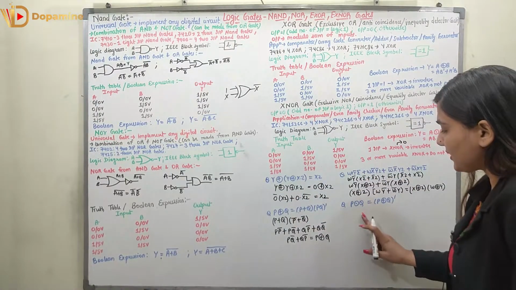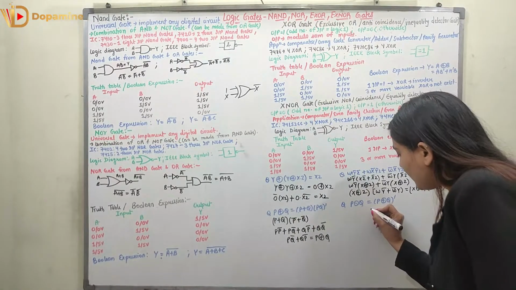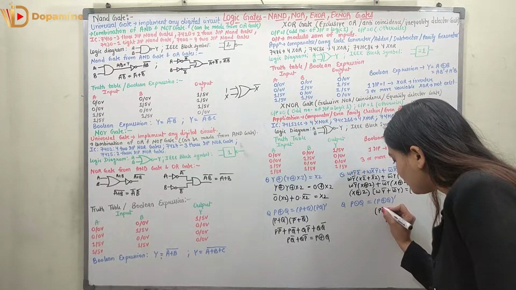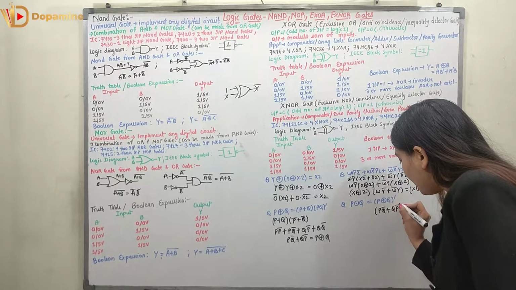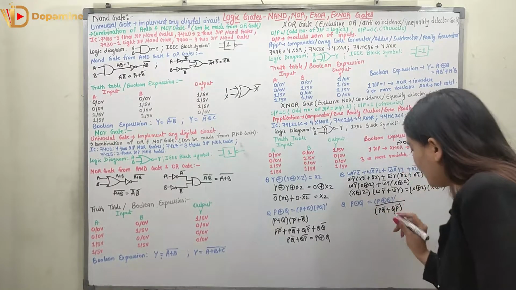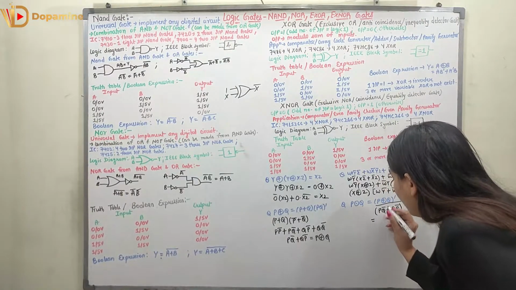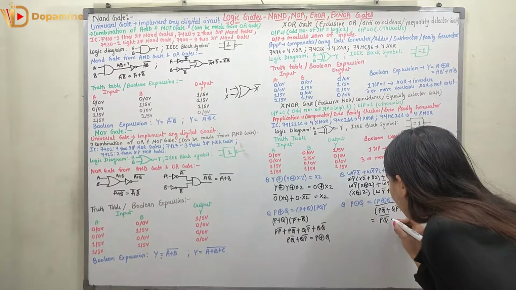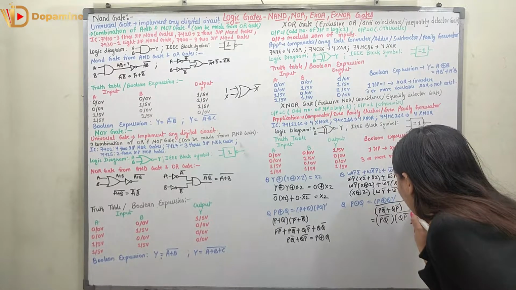So now coming to the next question, P XNOR Q is equal to P XOR Q whole bar. So let's take the right hand side. P XOR Q can be represented as PQ bar plus QP bar, and whole bar. Now here I can use De Morgan's law. Here we have addition, I will be having the multiplication. So PQ bar whole bar multiplied with QP bar whole bar.